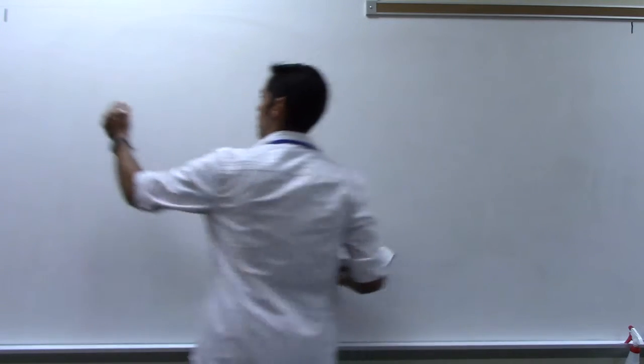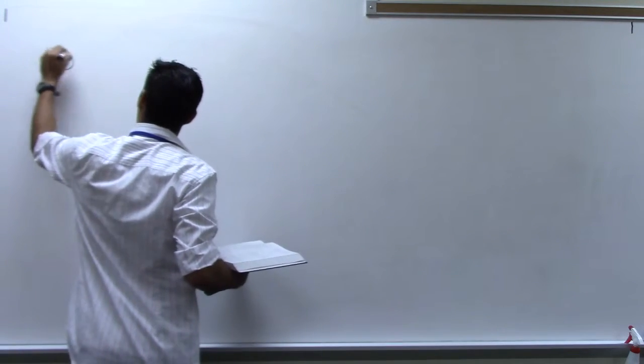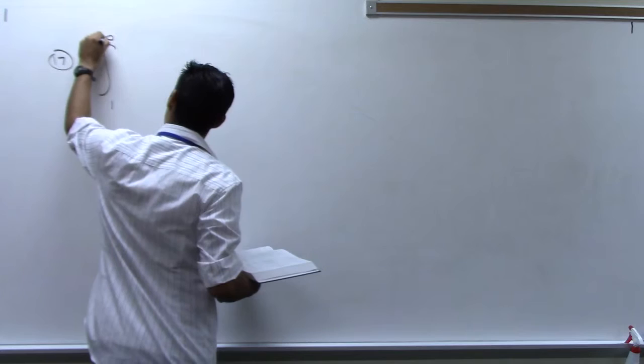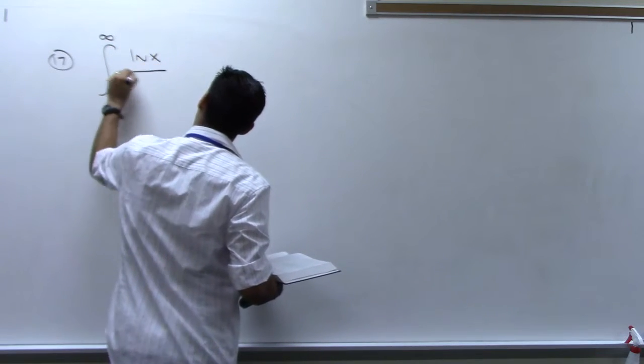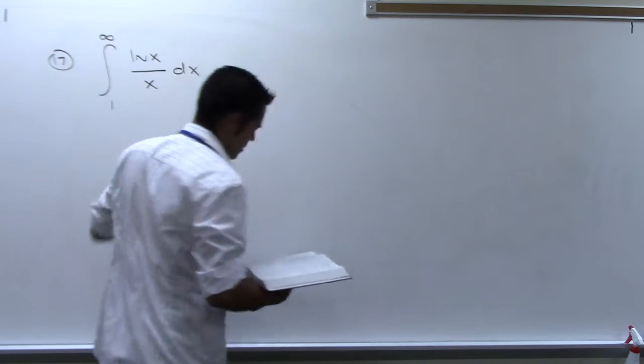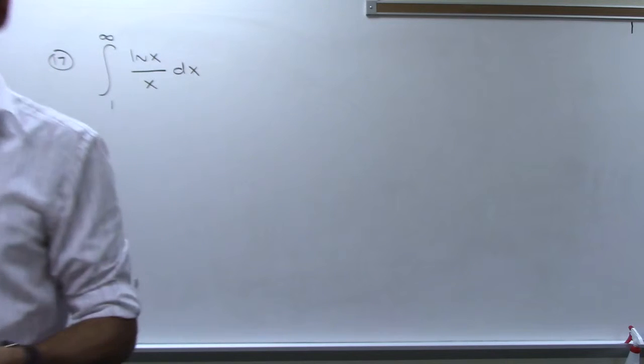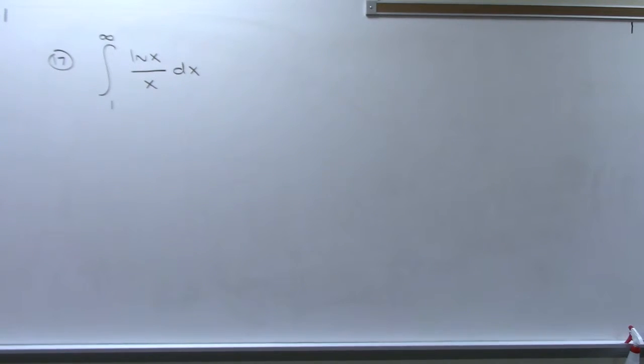Number 17, the integral from 1 to infinity of natural log x over x dx. If you have a piece of paper, do you mind sticking a piece of paper in here so I can flip back to it real quick?